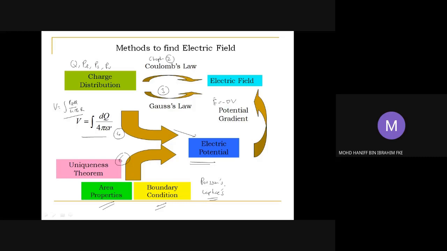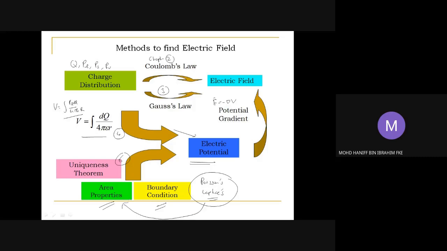This is another Laplace, but the same person, because he was a mathematician who invented a lot of mathematical ideas and equations. His contribution is used in field theory to find the potential. So we have the Poisson and Laplace equations, and both of these are categorized under the area properties.